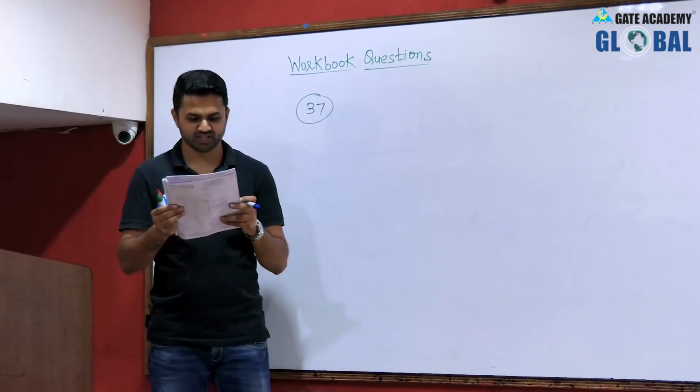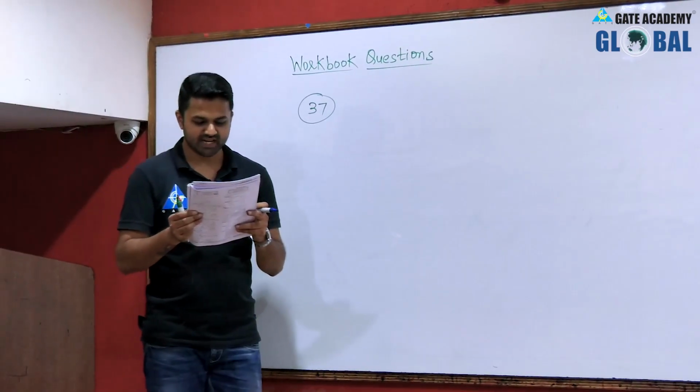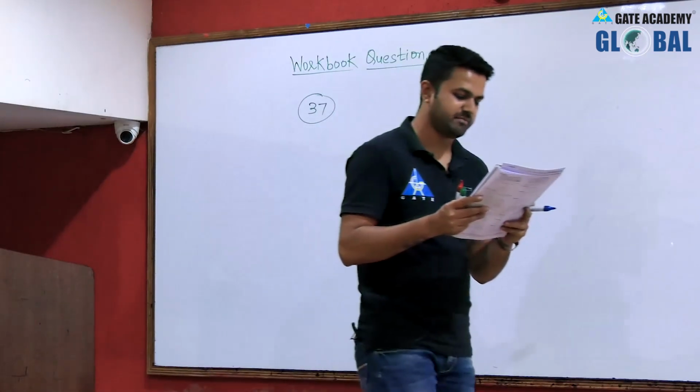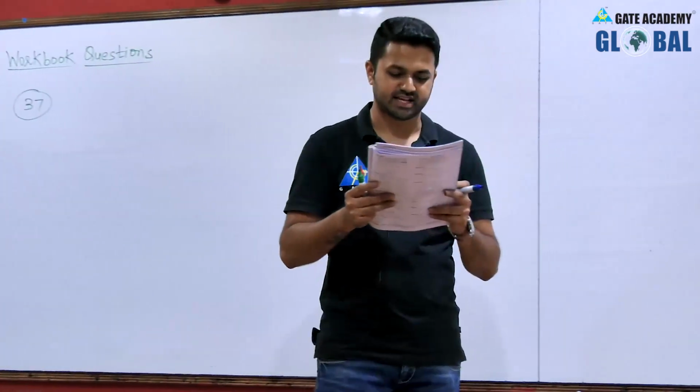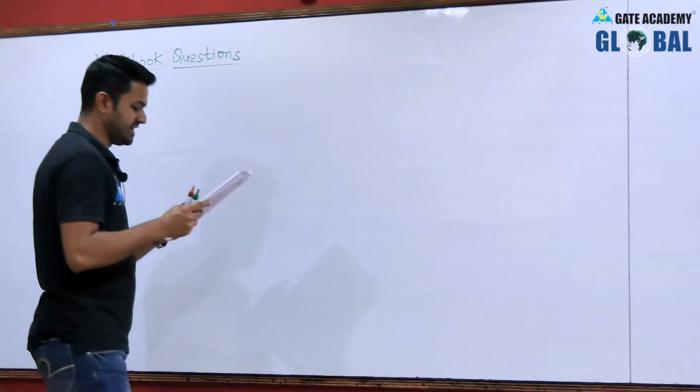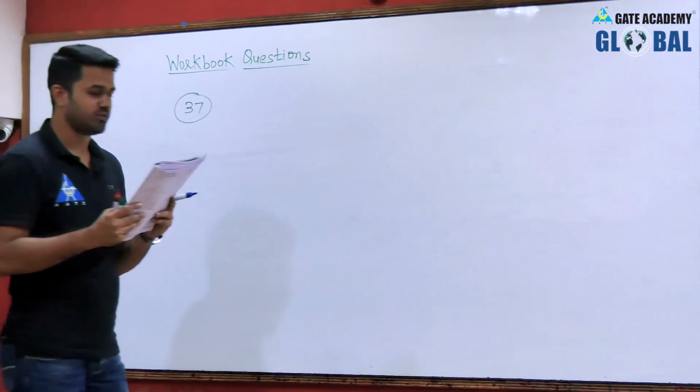So next is workbook question number 37. Suppose that the modulating signal is m of t equals 2 cos 2 pi fm t, and the carrier signal is xc equals Ac cos 2 pi fc t. Which one of the following is a conventional AM without overmodulation?